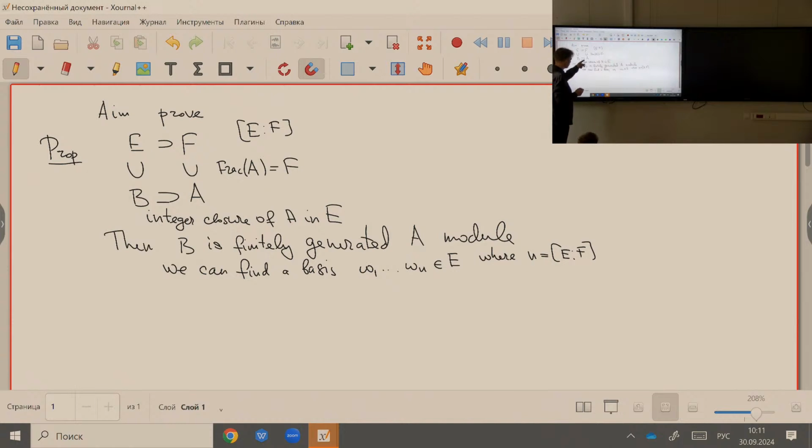Also we need an additional condition that A is integrally closed in F, in its fraction field. Otherwise it is also not true.